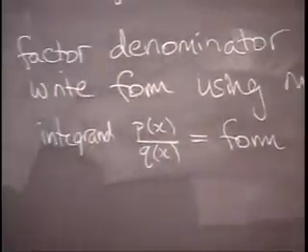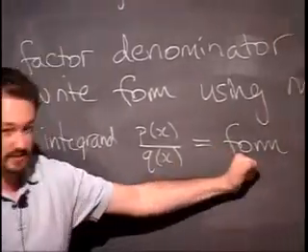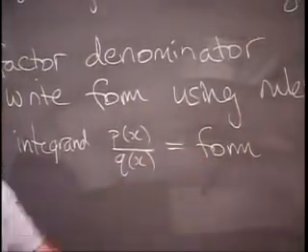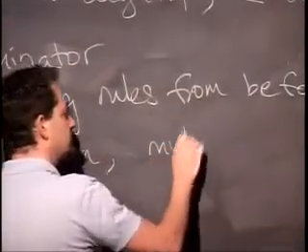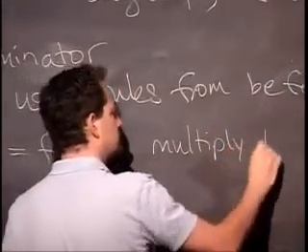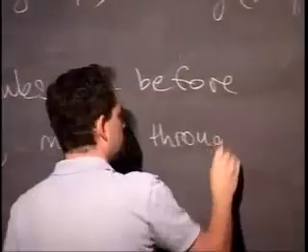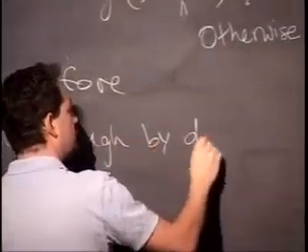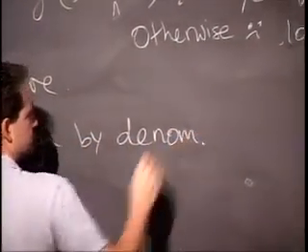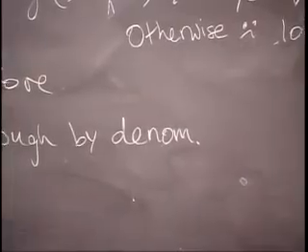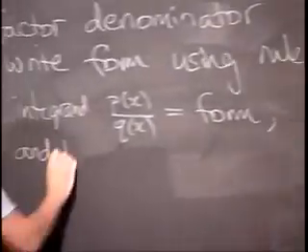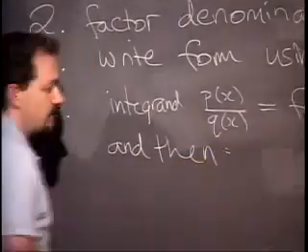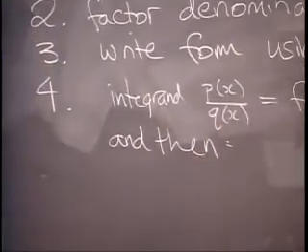After all, you're trying to bust this up into these bits. The form consists of bits. So write that down, multiply through by the denominator, which is the q of x, and then use a combination of those two methods.